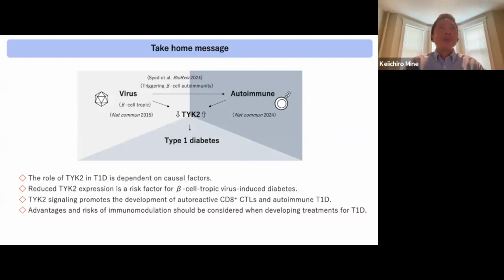Yeah, some relation. TYK2 is associated with IL-23 signaling. It's a very important cytokine in gut immunity. So the microbiome signaling, I think, is associated with TYK2 signaling.